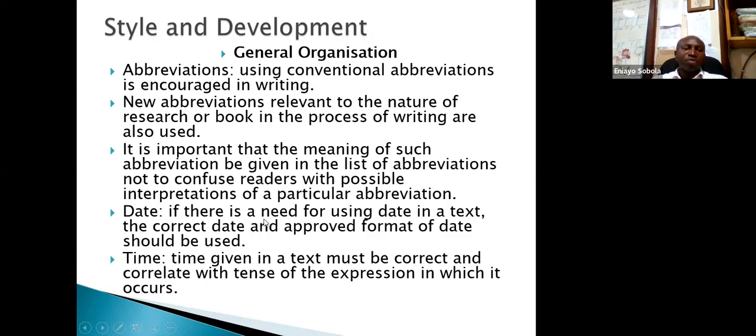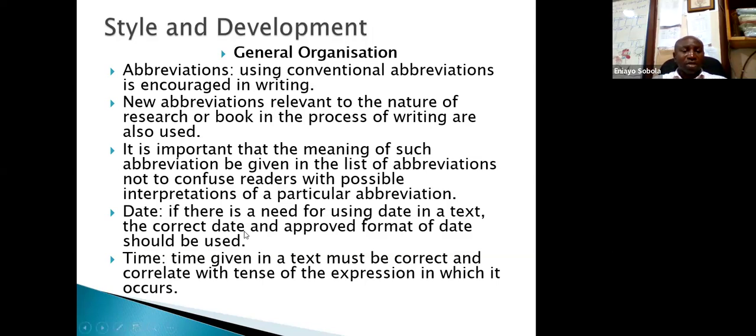And also, your work may require dates. If it has to do with chronology, and now that you are going to do something relating to biography, you need to get the date. And using dates in the text, you must say the correct dates and get the appropriate information from your source.